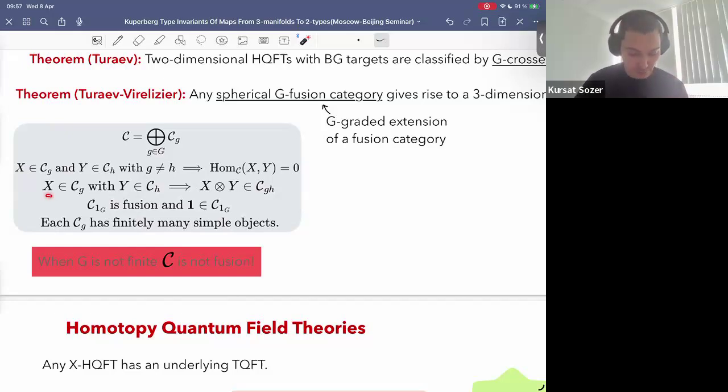The tensor product of this monoidal category behaves on the components like a product. If we pick a homogeneous element in one component and a homogeneous element in another, and take the tensor product, it lies in C_{GH}. The identity component is fusion, because it's an extension of a fusion category. So there is an embedding of a fusion category inside. That is the identity component, and the unit object lies in it. And each component has finitely many simple objects.